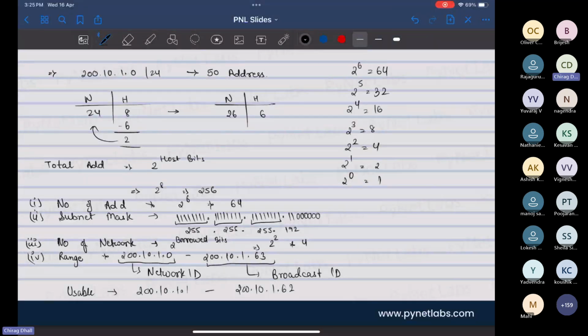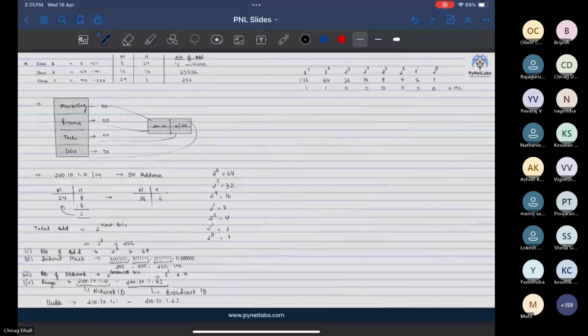Okay, that's your first part. Now, what is the benefit of doing subnetting? We have got 3 more parts, right? If this is my big network, I have broken it down into 4 parts. So my first part starts from 1.0 and ends at 1.63, right?